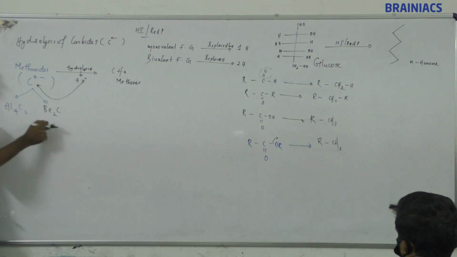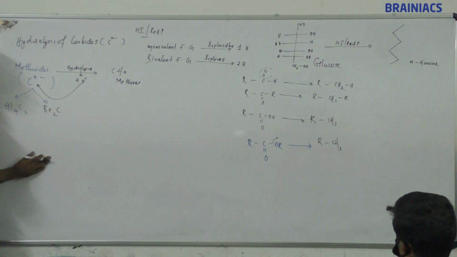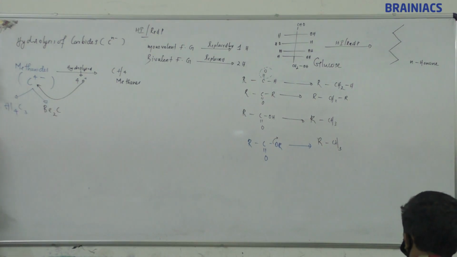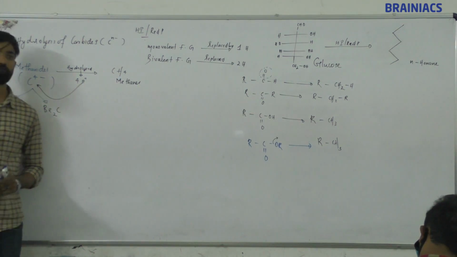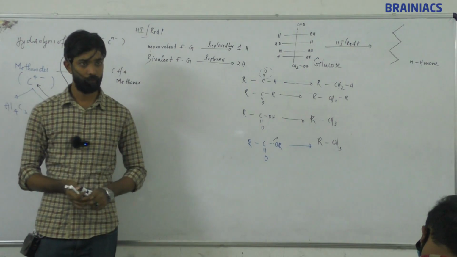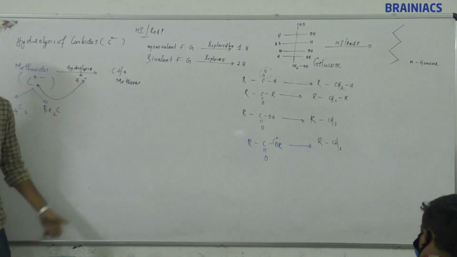And aluminium carbide and beryllium carbide are examples for methanide. What about the valency of beryllium? Beryllium is a second group element, +2. So 2 beryllium means +4. So carbon has to offer 4 minus. So in these two, carbon is in -4. So they on hydrolysis form what? Methane. So the hydrolysis of aluminum carbide, you obtain methane. Beryllium carbide of composition like this, you obtain methane.